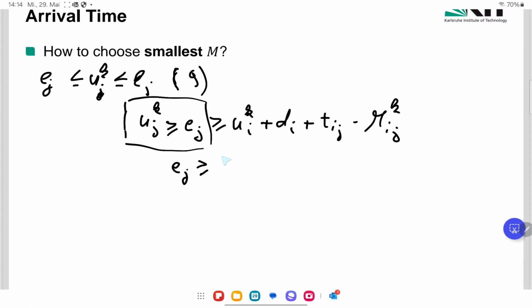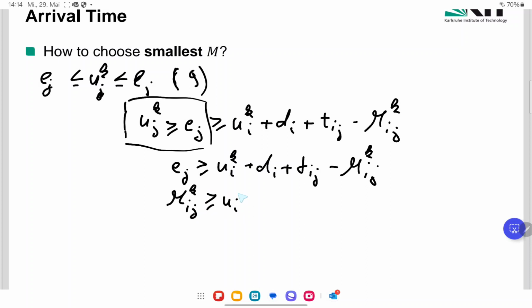So Ij should be at least this right hand side, plus Tij minus M. And here we know that if we bring that to the left hand side, our big M should be at least ui plus di plus t, and then we bring the earliest possible time to the right hand side, so minus ej. Okay, so this is what M should look like.